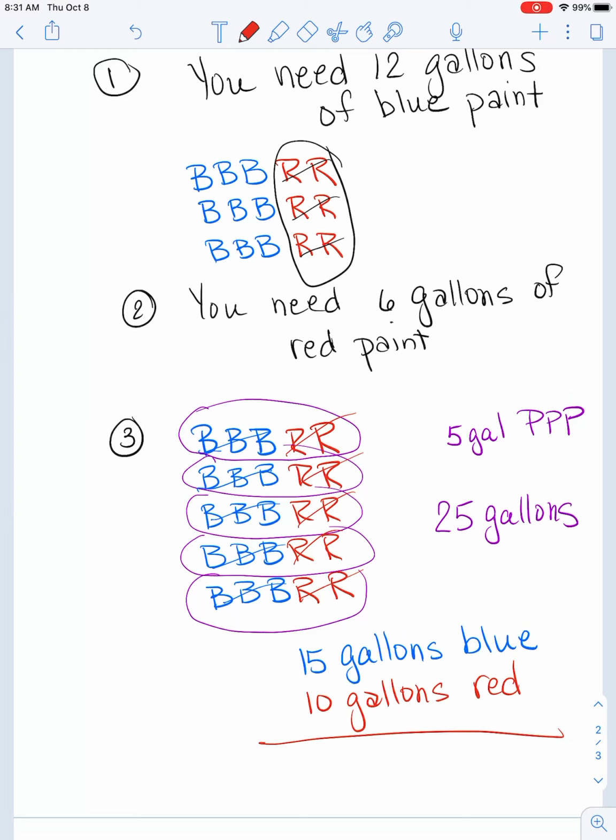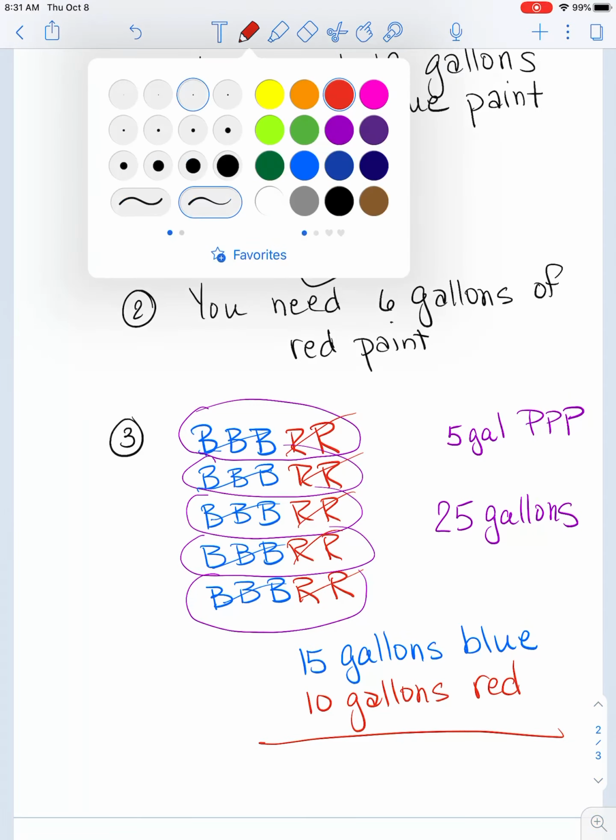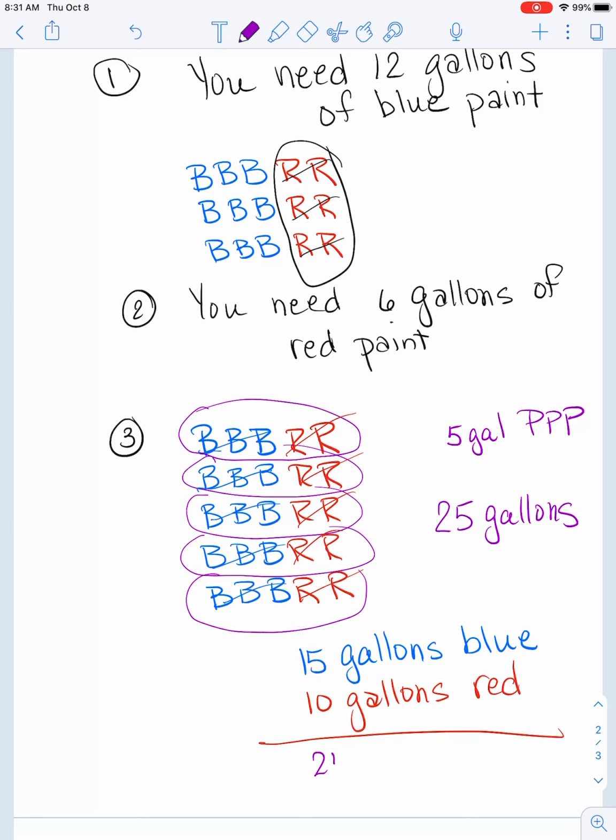And just to be sure, if you add up all the paint, you should get 25 gallons of perfect purple paint. And that's how you use the strategy of repeating the pattern.